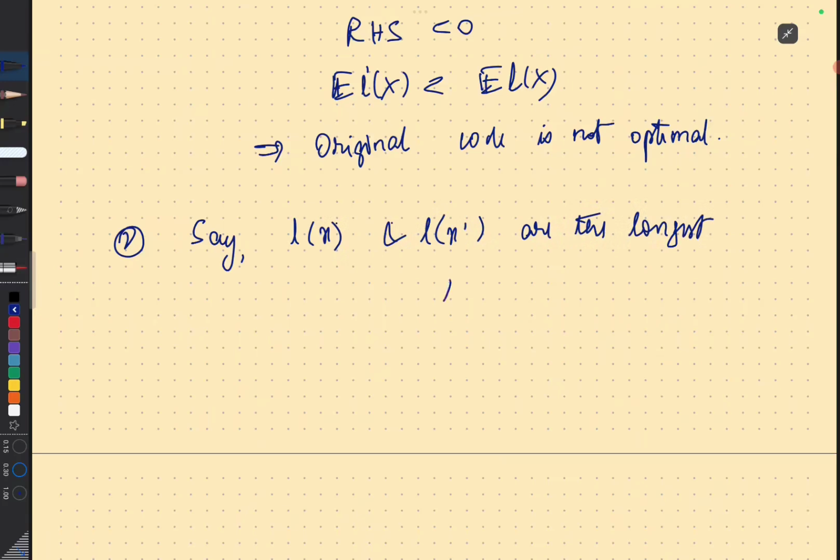And let's assume that L of x is strictly greater than L of x prime. Okay. So this means that there is one code word whose length is greater than the code word for all of the other symbols. Strictly greater.